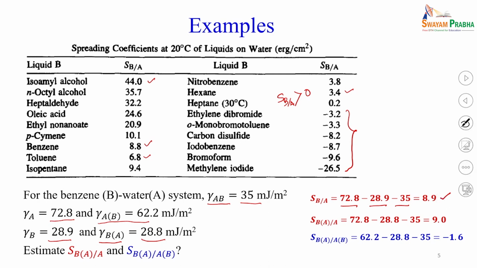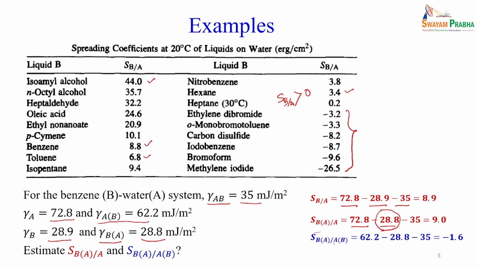Now, if we calculate S B/A considering only benzene saturated with water, it will be the surface tension of water minus the surface tension of benzene saturated with water minus the interfacial tension, and it comes to be 9.